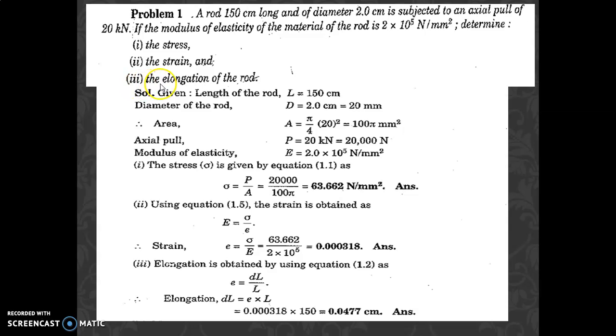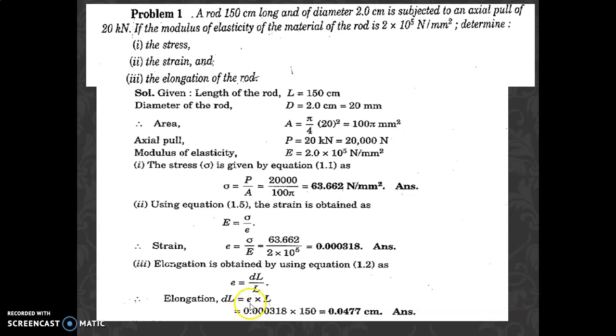And one more term we have to calculate, that is the elongation of the rod. The strain is now available with us. Strain is equal to 0.000318. Then strain, as per the definition, is change in length to the original length. So based on the formula of strain, this change in length is nothing but the strain into the length of the rod.